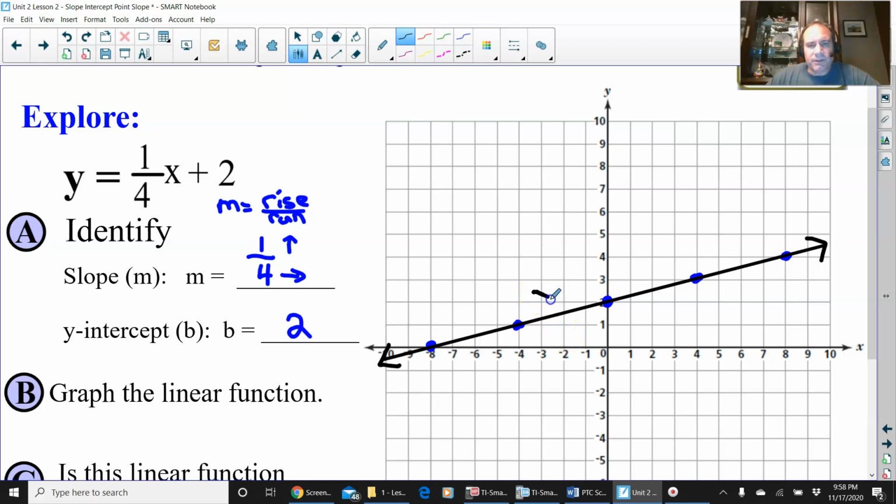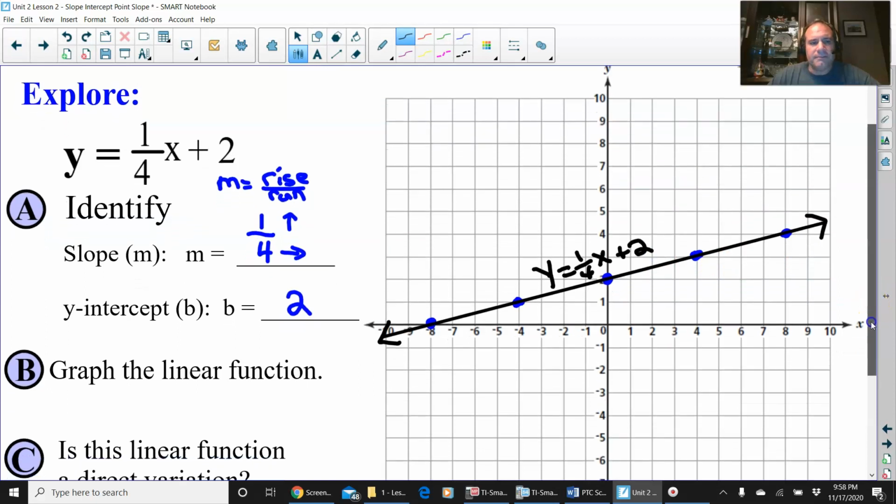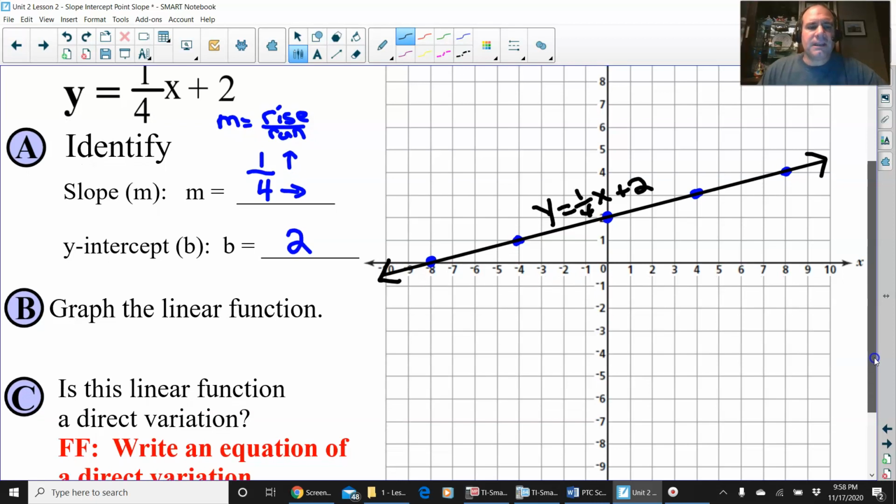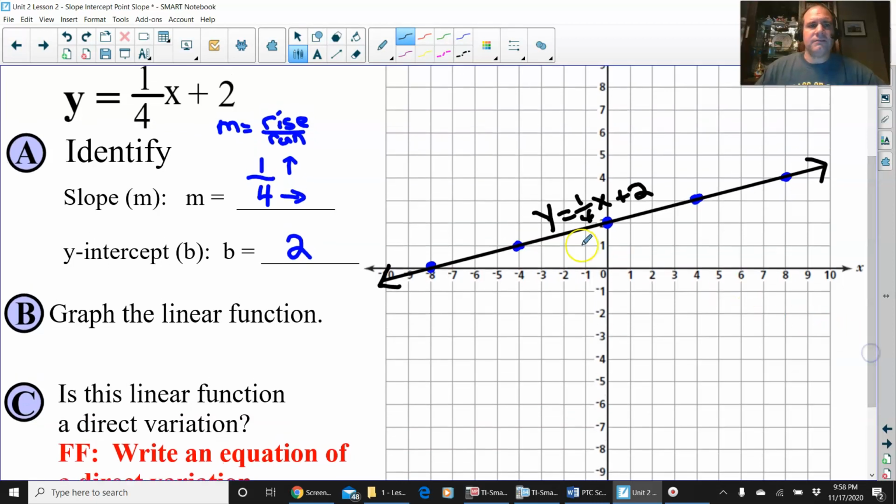You also put the equation on the line. 1 over 4x plus 2 is the name of this line. That is the equation. Is this linear function a direct variation?